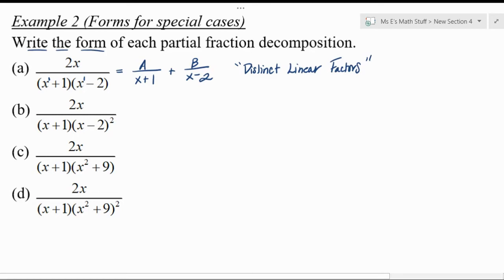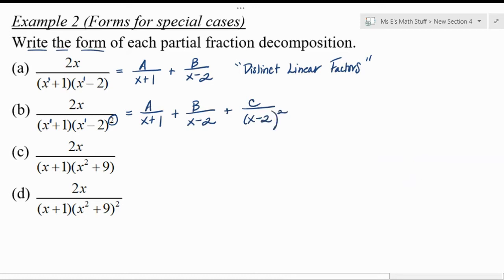Okay, now let's look at part B. So for part B, x plus 1 is a distinct linear factor, but x minus 2 is a repeated linear factor simply because it's to the second power there. So the form would be A over x plus 1 plus B over x minus 2 plus C over x minus 2 quantity squared.